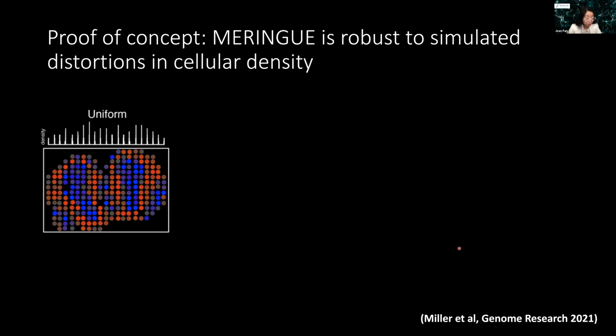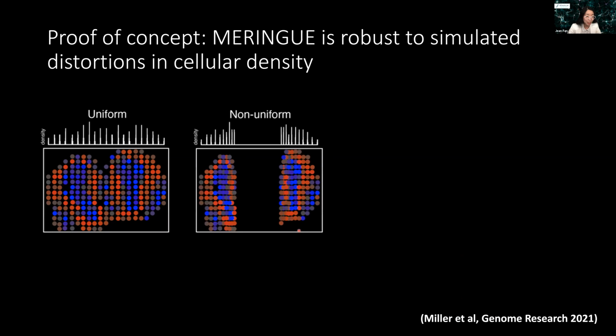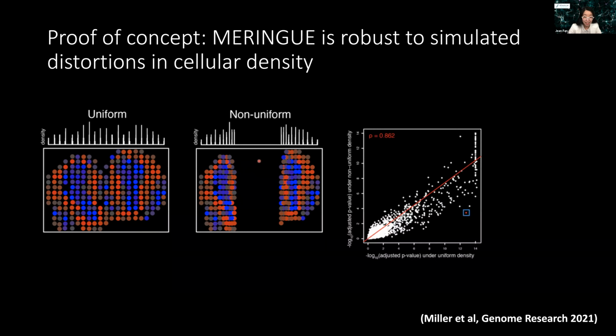So because MERINGUE encodes spatial relationships in this density agnostic manner via the Voronoi tessellations, even if we were to, for example, stretch or warp or distort these, in this case, we start out with a uniform cellular density, but even if we were to distort the cellular density into something that's no longer uniform, what we find is that we can still identify generally the same set of significantly spatially heterogeneous genes.